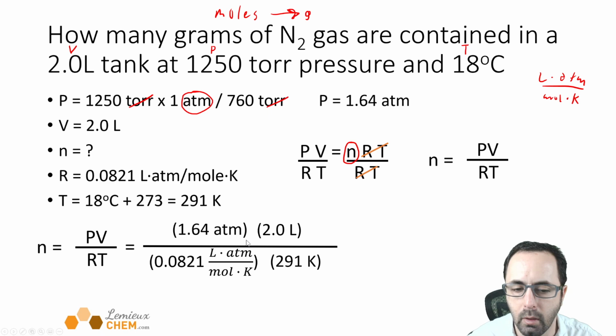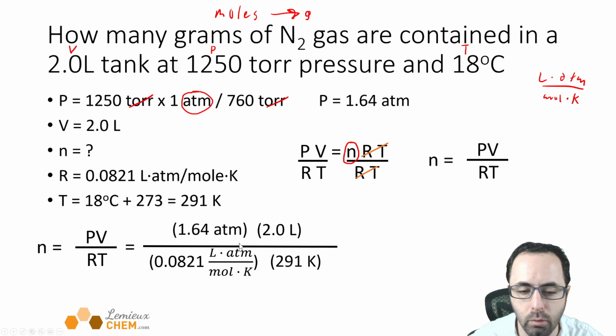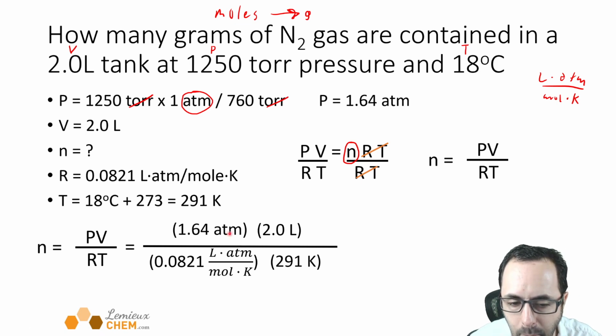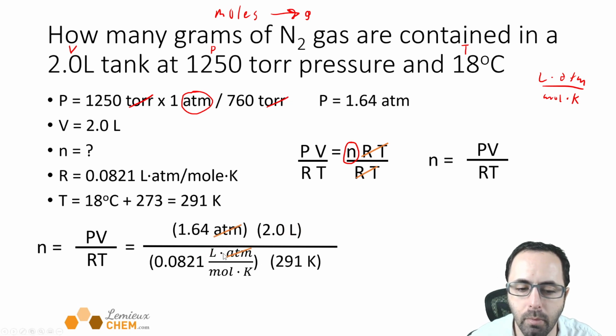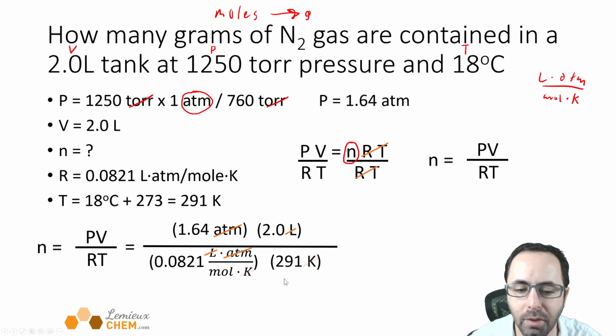Okay. And now let's check out our variables here, our units rather. We've got atmospheres on top, atmospheres in the bottom, those cancel. We got liters on the top, liters in the bottom, those cancel. We got Kelvin on the top of the bottom and Kelvin on the bottom of the bottom. So that's going to be Kelvin divided by Kelvin, those cancel.